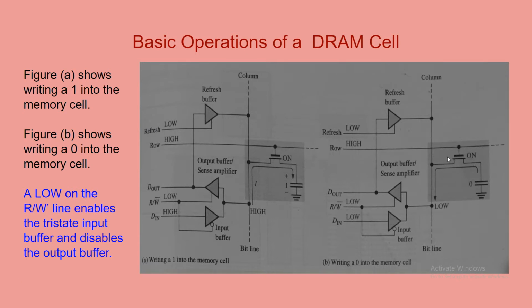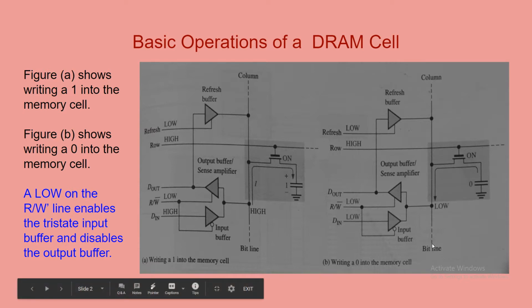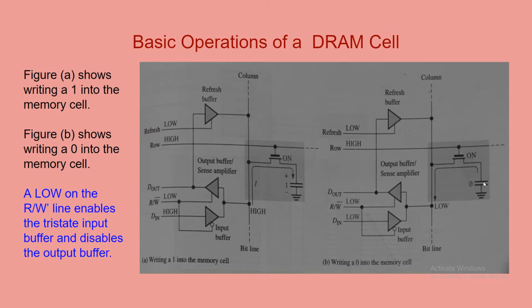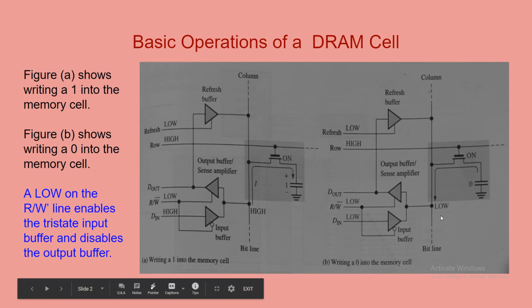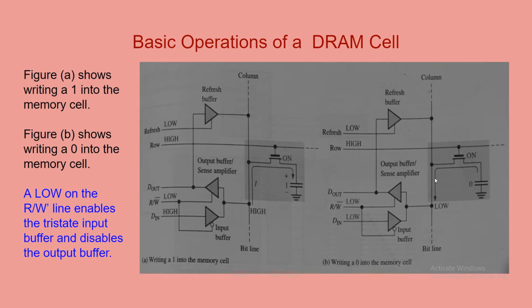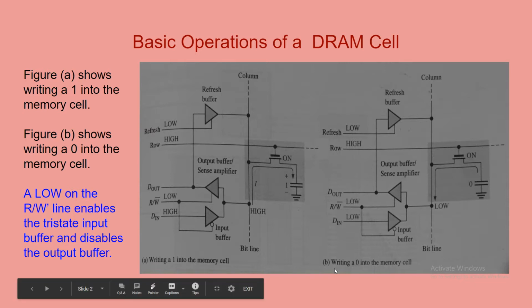This transistor is on. When the transistor is on, the bit line is connected to the capacitor, and here the bit line is low, therefore the capacitor voltage is 0. In such a way, a 0 is stored in this DRAM cell. Figure B explains writing a 0 into the memory cell.